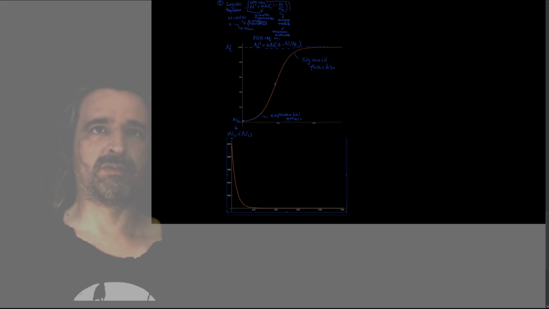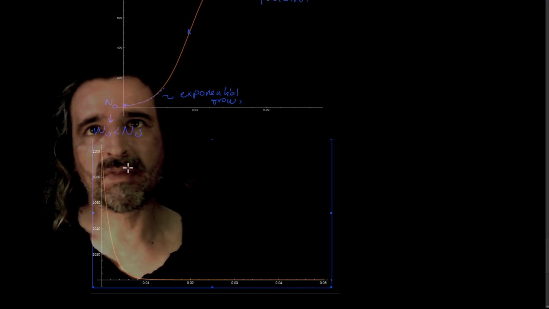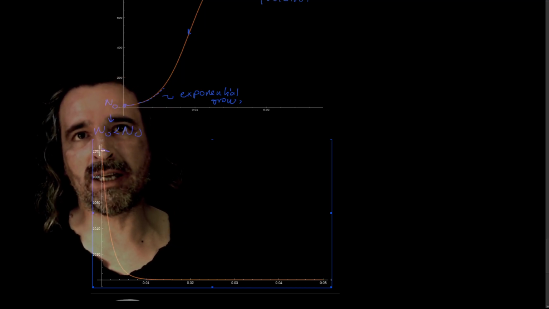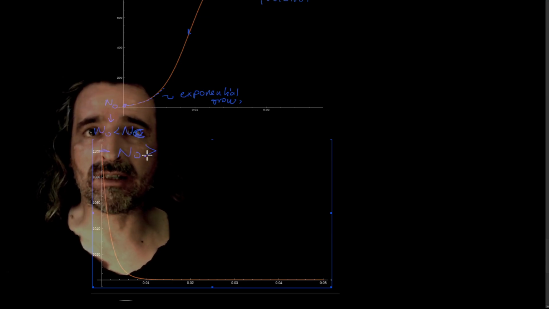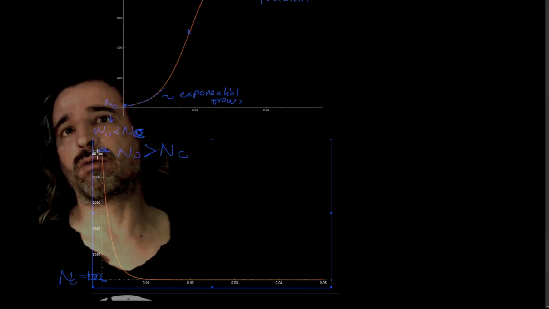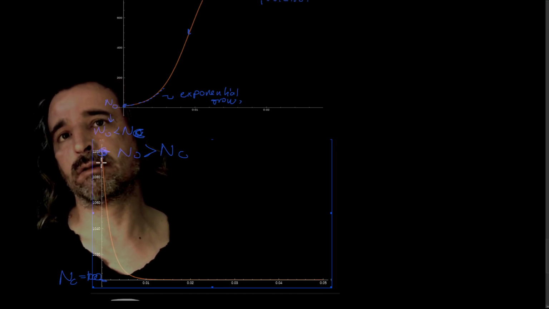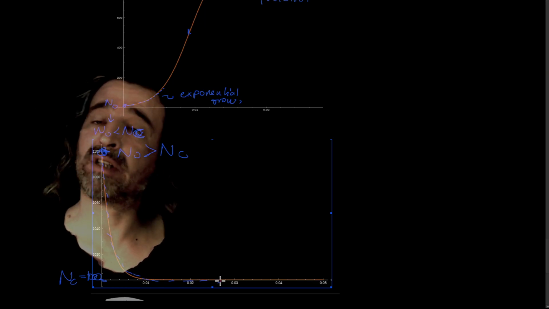Let me show you. So here is the same, but in this case n naught is actually larger than nc. nc is now equal to 1000. So essentially you start with more population than you can sustain, and then it decays exponentially to the carrying capacity.